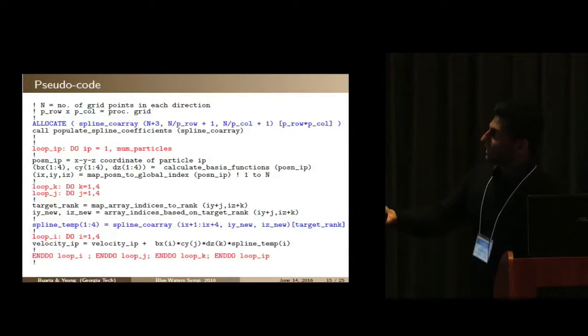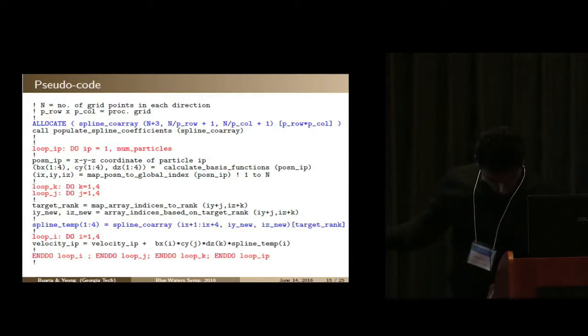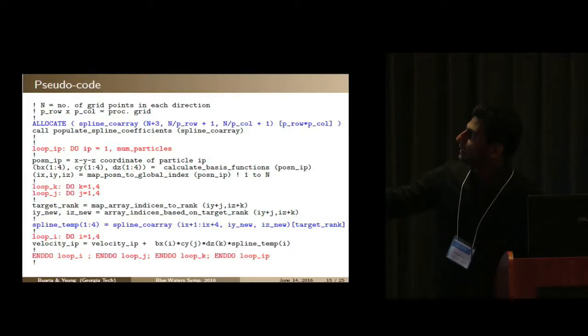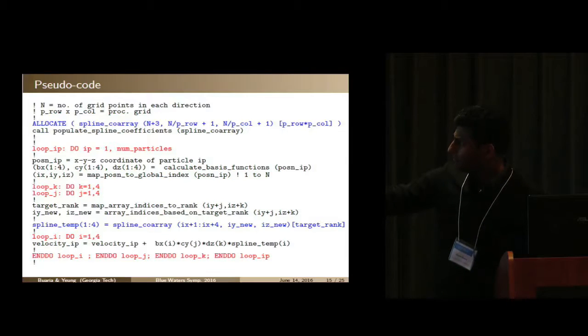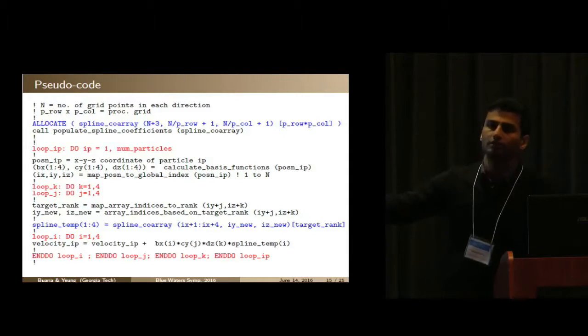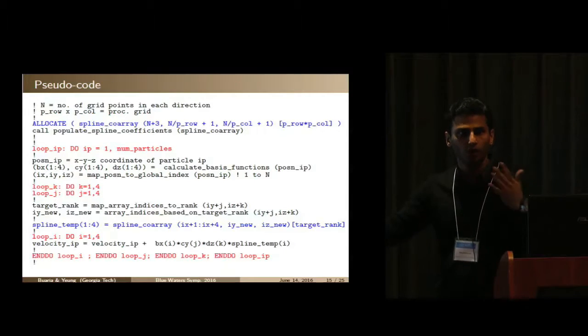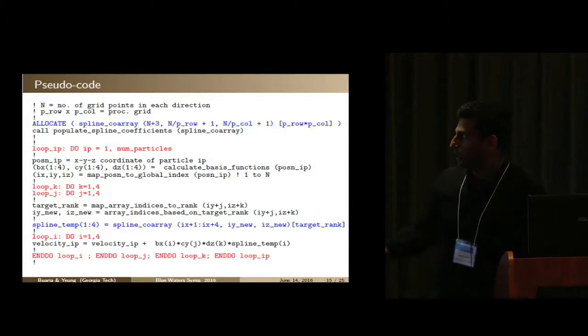I'll just briefly go through a sample code. We declare the global array, which has this co-array index, and then we loop over all the particles. Based on the position, we calculate these basis functions, and then this nested loop structure is for calculating the sum over all the interpolation stencil points.